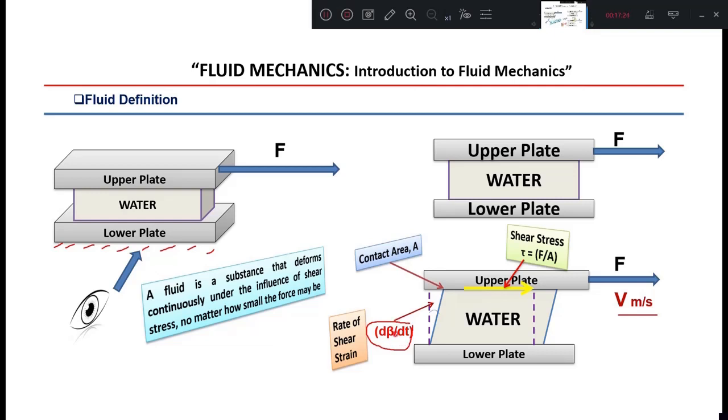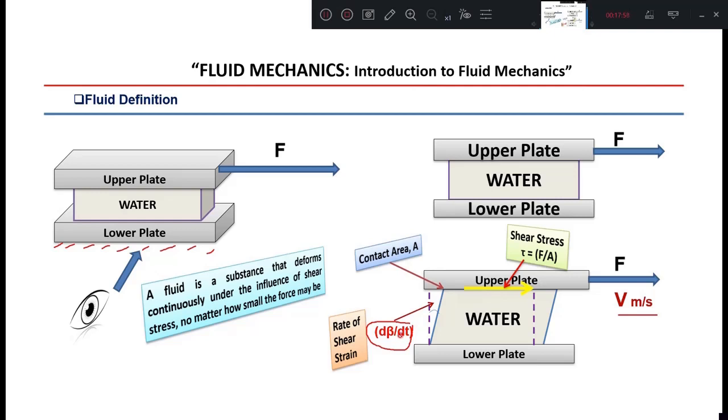The rate at which the fluid is deforming is characterized by d beta by dt, which is the amount of angular deformation in 1 second. Here the rate of angular deformation is proportional to the magnitude of shear force applied.